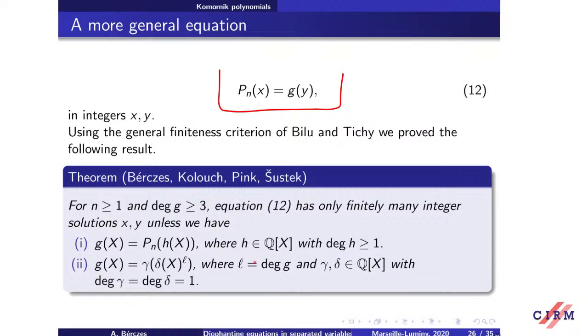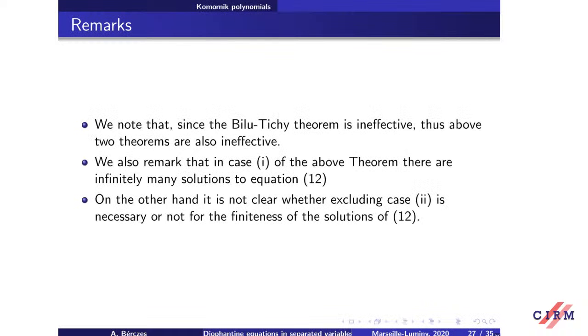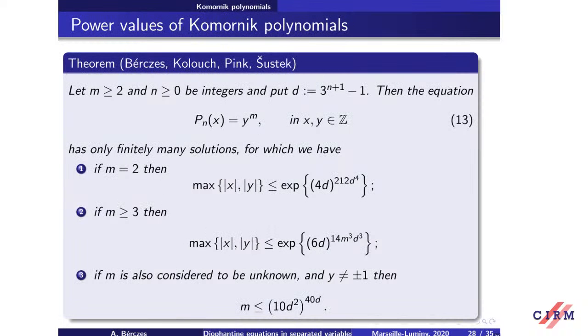However, I have to mention that the first exception is necessary. The second exception, we couldn't prove that in this case there are infinitely many solutions. So it probably may be excluded, but we were just unable to prove that. Well, that was what was written here, and of course, since we use Bilu's theorem, the result is ineffective.